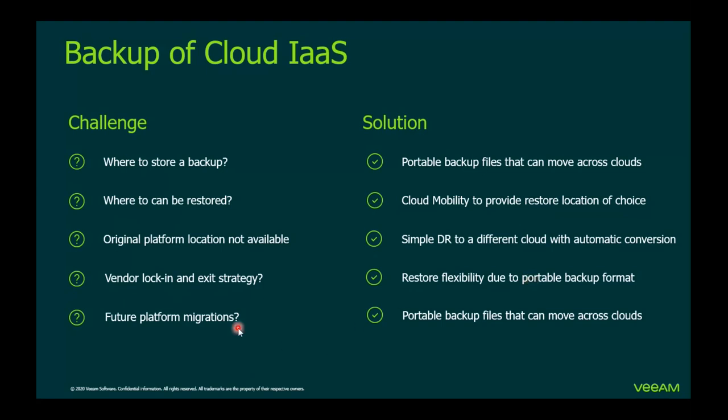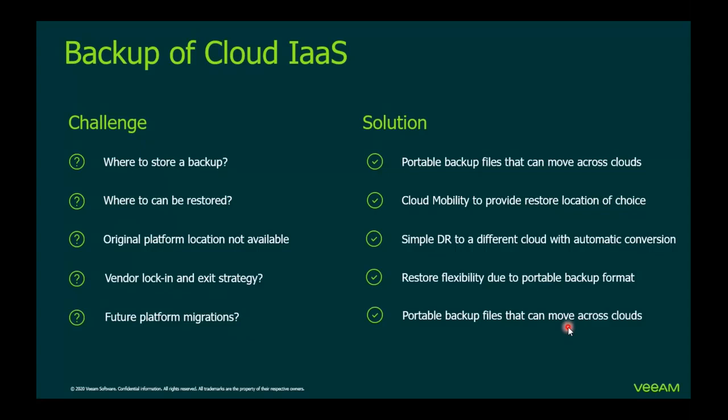And for future platform migration, with our portability you can migrate your data at any point of time. For example, you have a plan to use a hybrid cloud or full-fledged cloud, and you don't know how to migrate your services from on-premise to cloud. Take Veeam, take a backup of your virtual environment or physical environment, whatever it is.